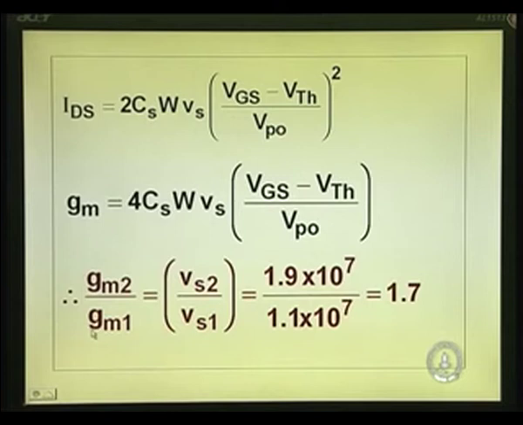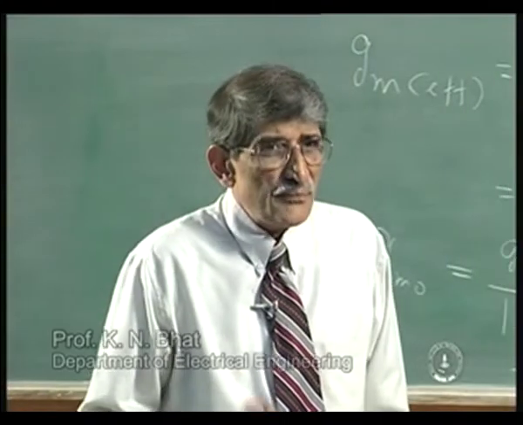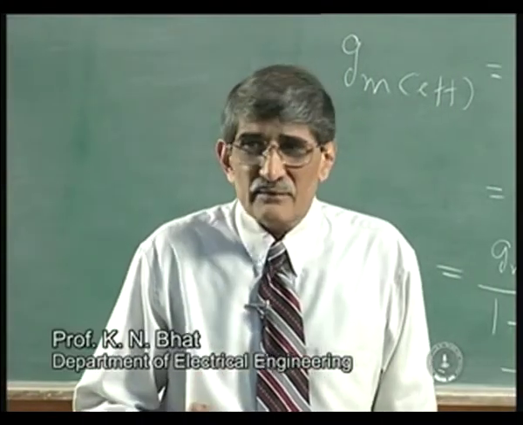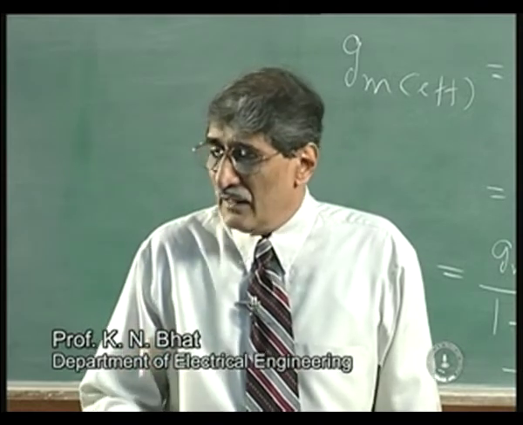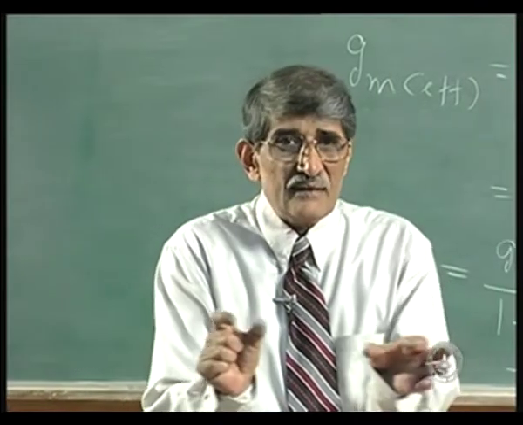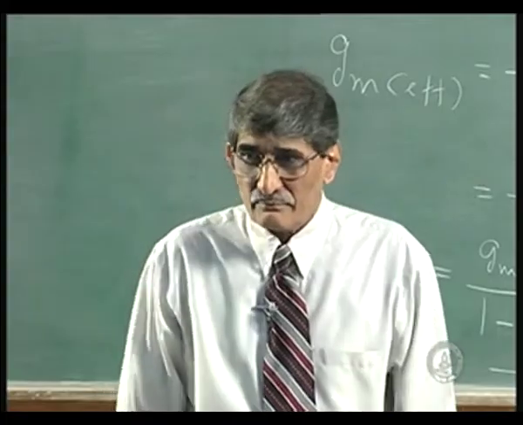So, GM2 by GM1 is Vs2 by Vs1, and you can actually compute Vs by putting in all these values. When you substitute all these values, you get 1.9 times 10 to the power 7 centimeter per second for the second device, and for the first device you get 1.1 times 10 to the power 7. So, the ratio is 1.7. What we are saying is that GM2 in the second case is higher than GM1, possibly because the effective saturation velocity is more when you bring the N plus layer close to the gate.